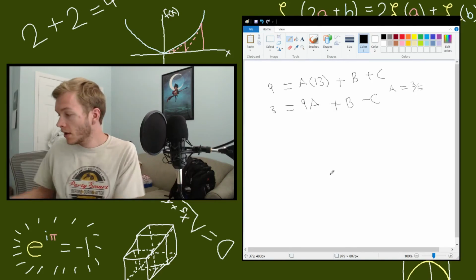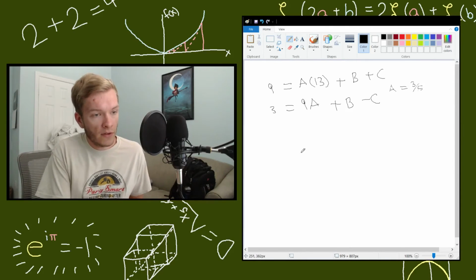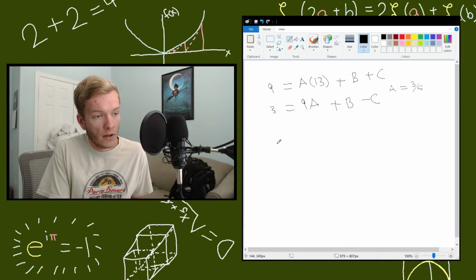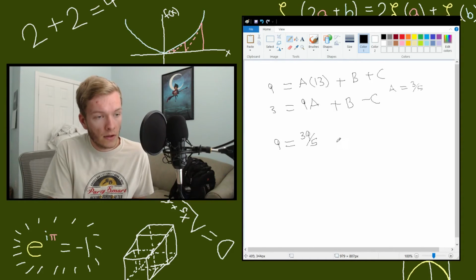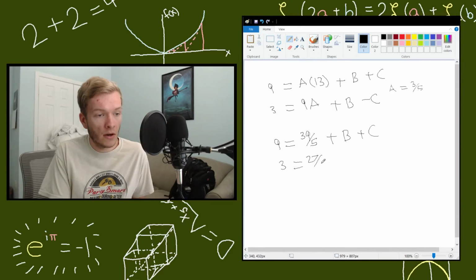Okay, so I'm going to plug 3/5 in here, so we should have 39/5, and so we're going to have 9 is equal to 39/5 plus b plus c, and then 3 is equal to our 9 times 3, so that's going to be 27/5 plus our b and minus our c.